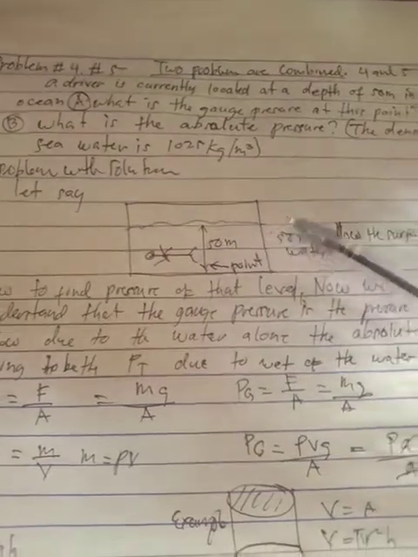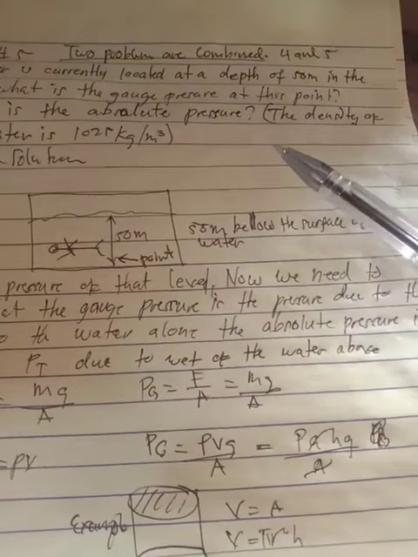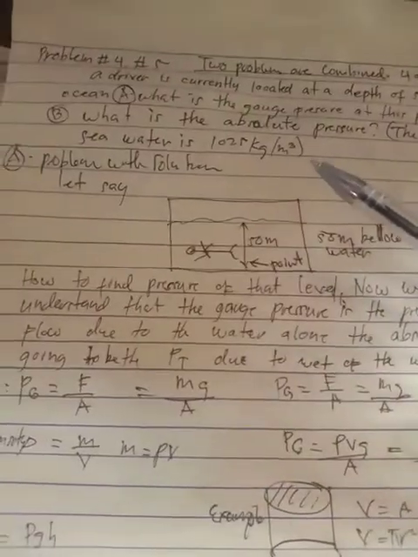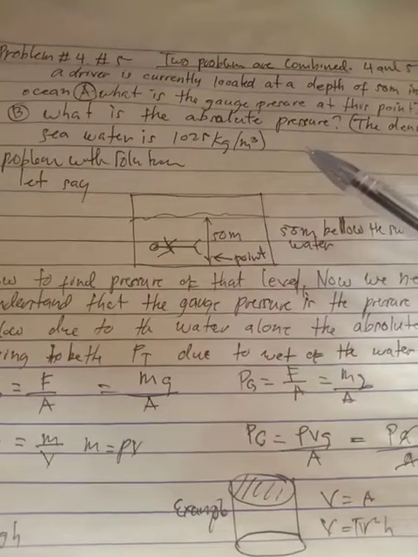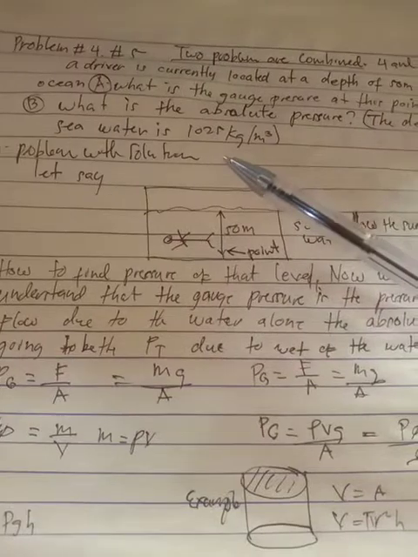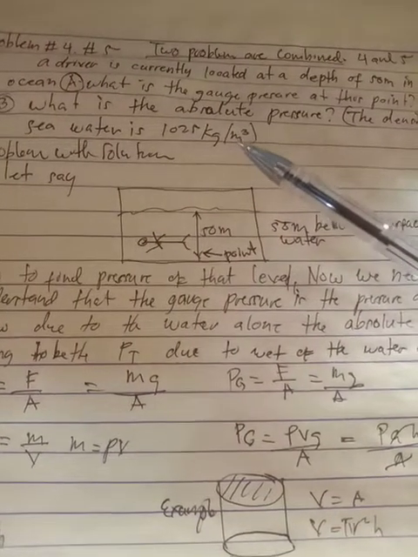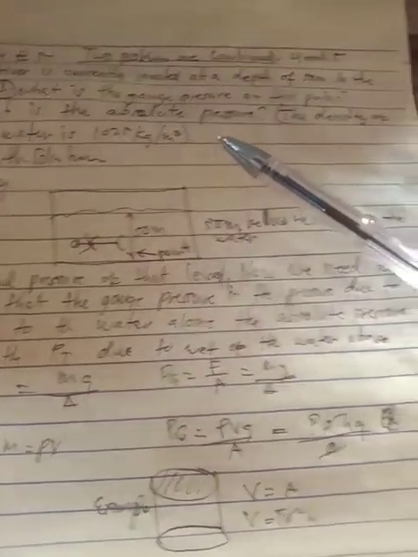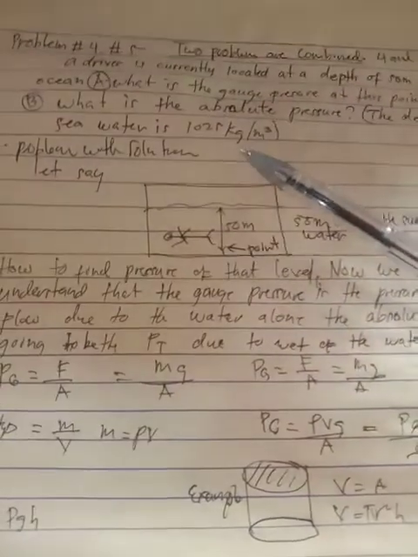We need to understand that the gauge pressure is the pressure due to the weight of the water alone. The absolute pressure is the total pressure due to the weight of the water above.